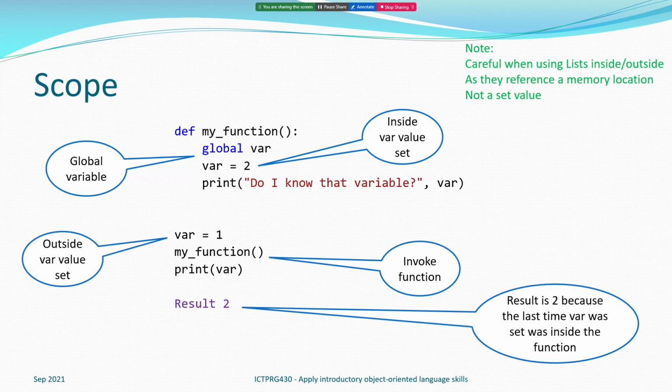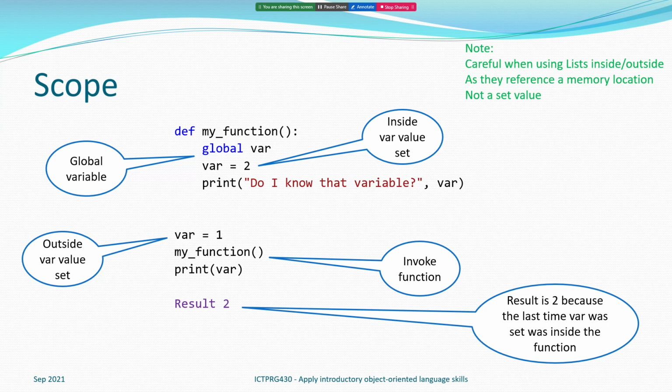So to give you an idea, we're defining a global variable called var, giving the variable a value and printing it as a function. So when we are outside, we have a variable of the same name, but that is equal to 1.